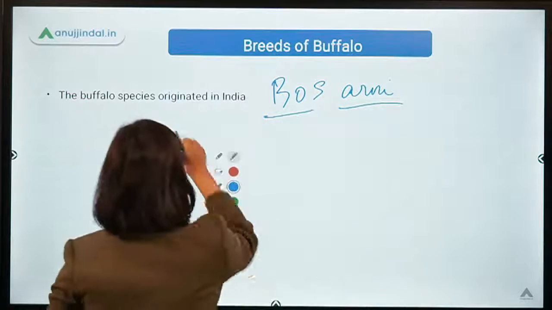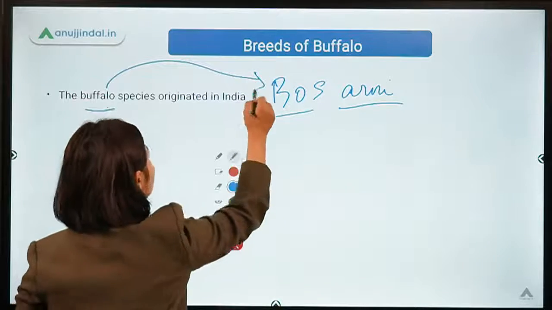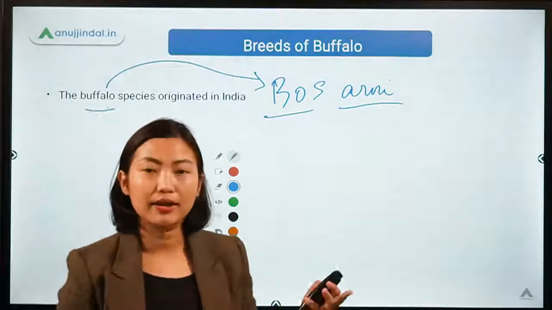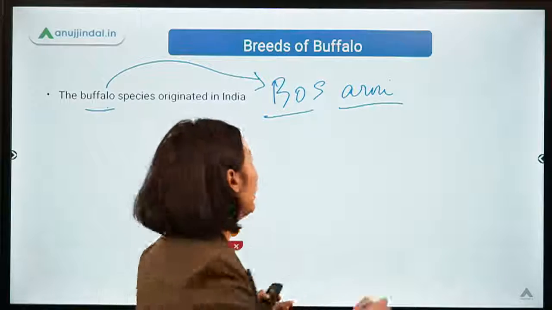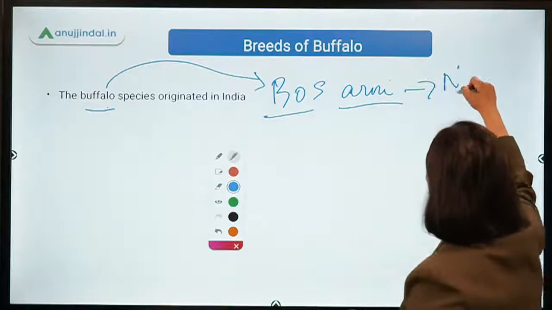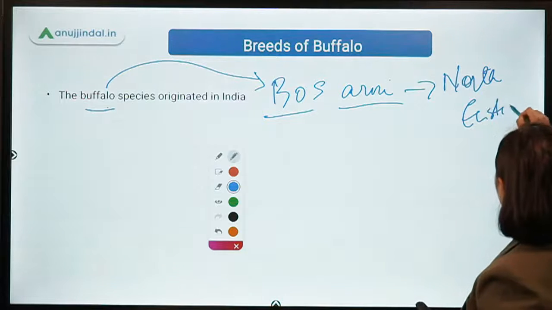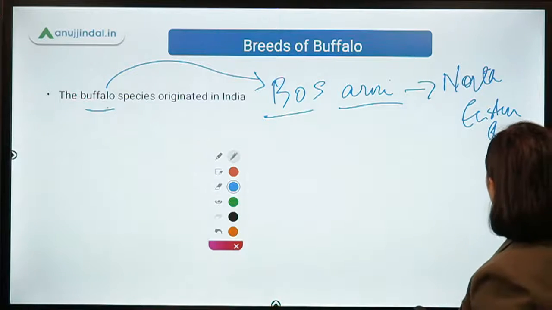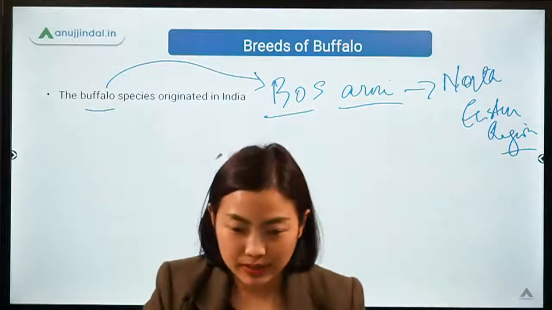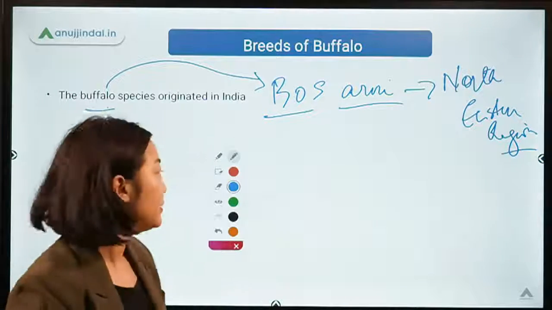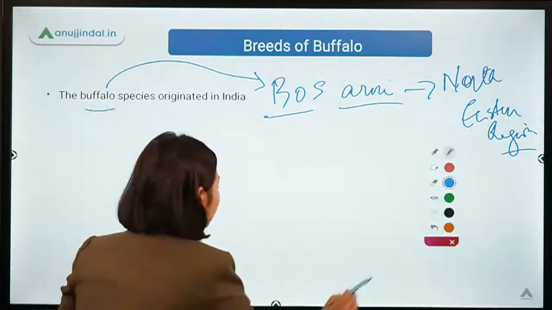From here only, these buffaloes have originated. Till now, we can still find these buffaloes in the northeastern or wild areas, certain regions of our country. Let me know if my handwriting is clear or not. All right. Okay, now moving forward.